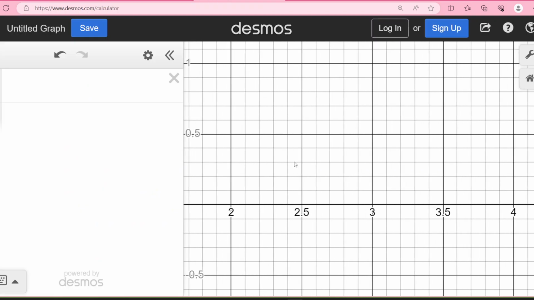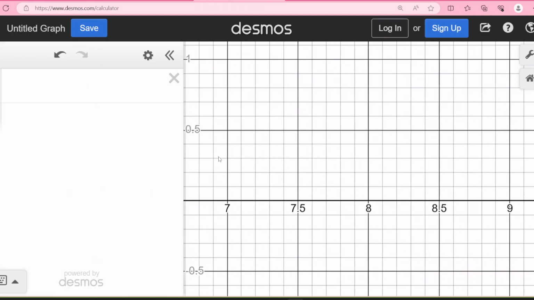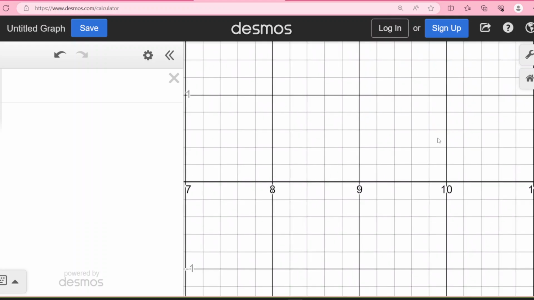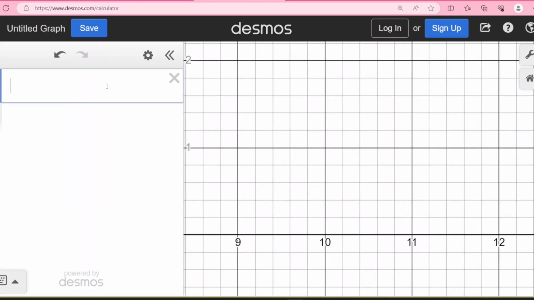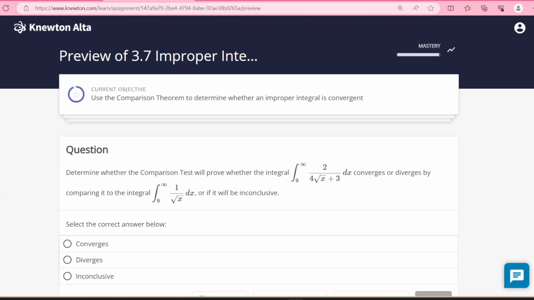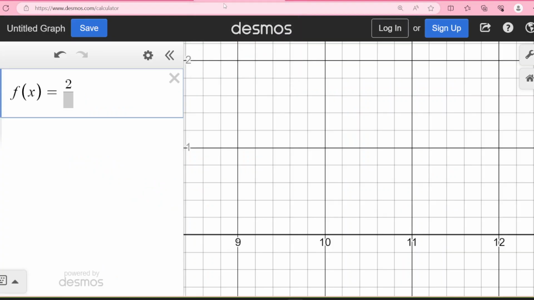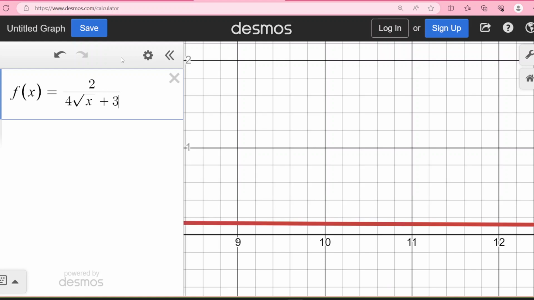So let me go out here to x equals 9 on the horizontal axis. Now that original function, I know it's going to be smaller, so I'm going to call it f, which was 2 over 4 times the square root of x plus 3.